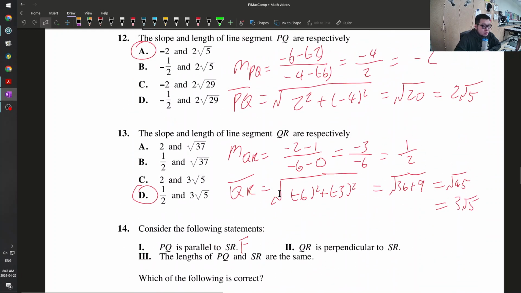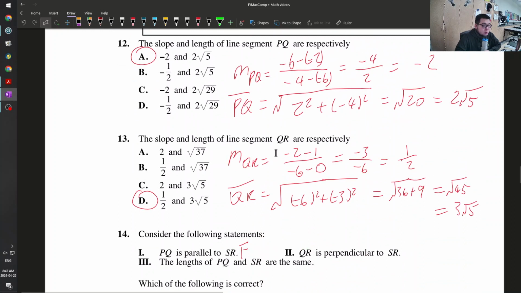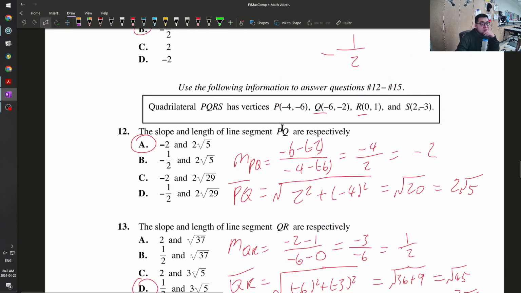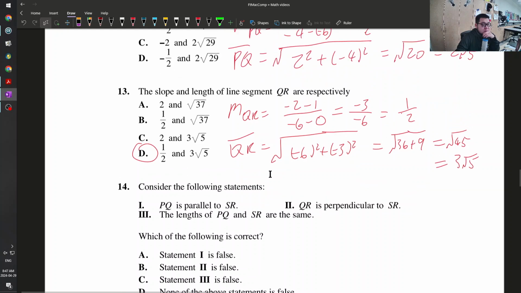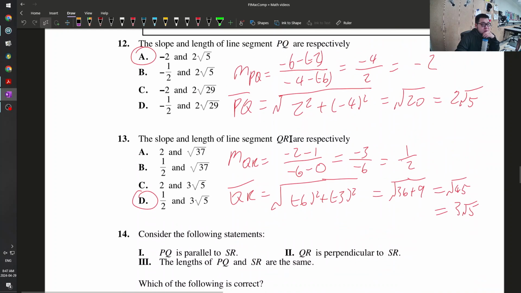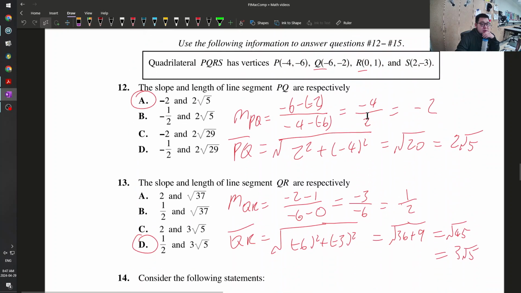PQ is parallel to... Oh, we need to find the slope of SR. Man, this is a lot of work. Okay, so we did PQ, we did QR, now we have to do SR.